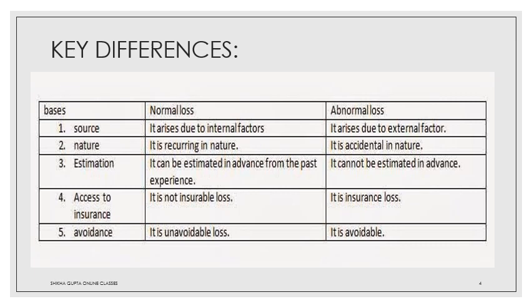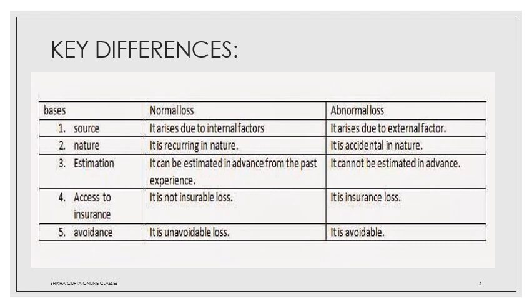The third one is estimation. Normal loss can be estimated in advance, and we know this from previous experience. But abnormal losses are always unexpected, accidental in nature, and they cannot be estimated, right? We cannot make a provision for this. Now the fourth point is access to insurance. Normal losses are not insurable because you are 100% sure of it, right? You know this loss is going to happen, so nobody is going to take insurance.